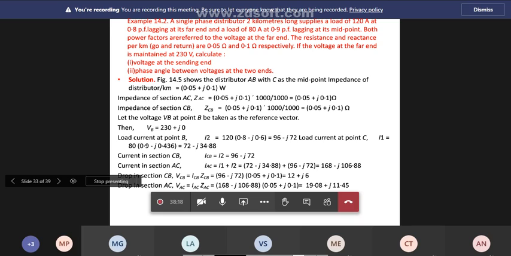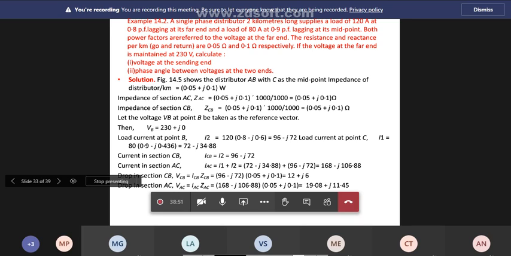Total is 2 kilometers, and the middle point means AC is 1 kilometer, that is 1000 meters, BC is also 1 kilometer, that is 1000 meters. That's why 0.05 plus j 0.1, 1000 by 1000, whereas in the previous problem it was 200 by 1000, 100 by 1000, but here it is exactly the middle, 1 kilometer, 1000. That's why there is no change.